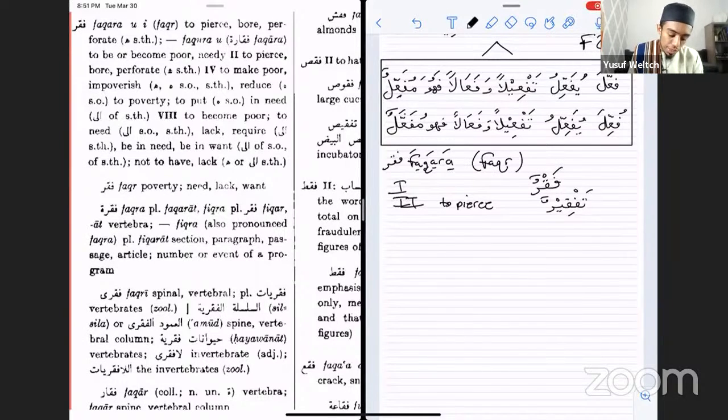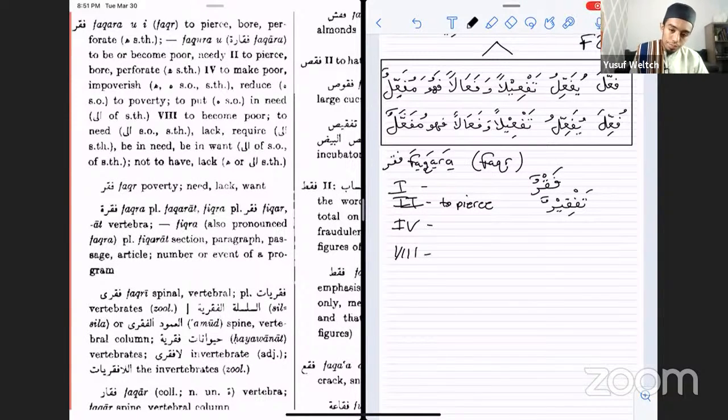What other forms do they have for these 3 letters, fa, qaf, ra? What is the next Roman numeral after 2? 4. Good. 4, and then what else? 8. 4 and 8. Okay, what is the masdar for form 4?